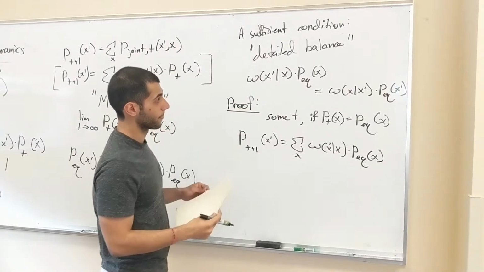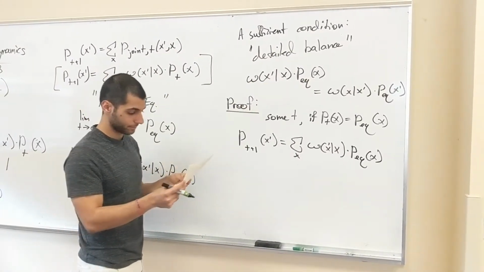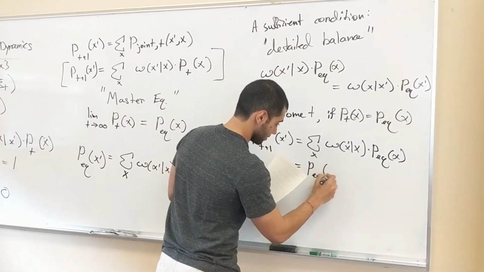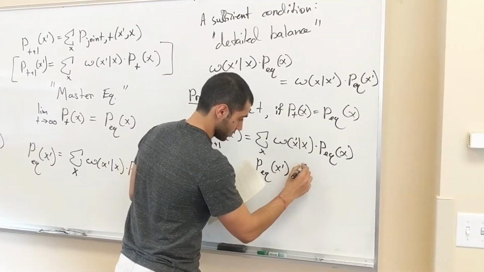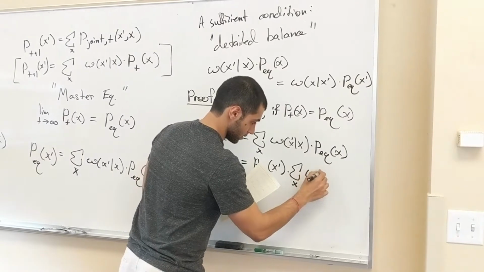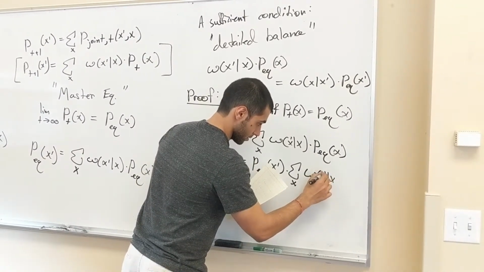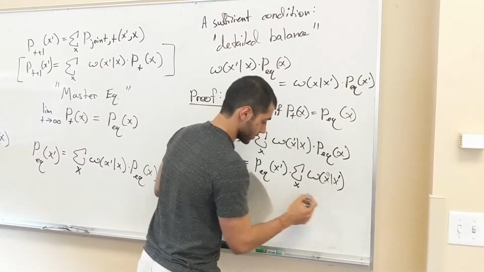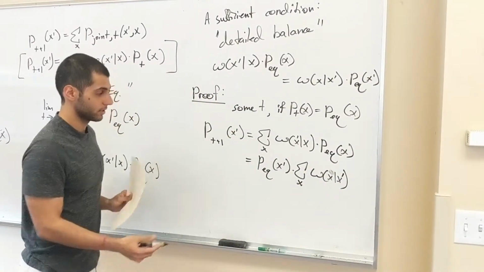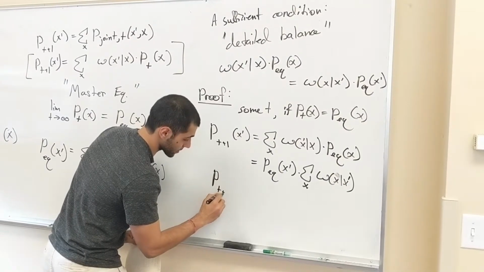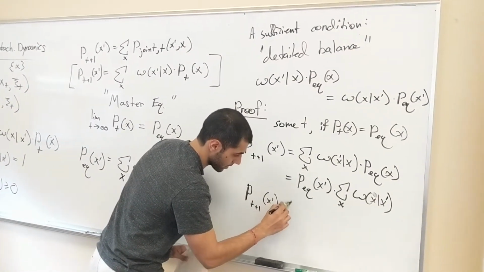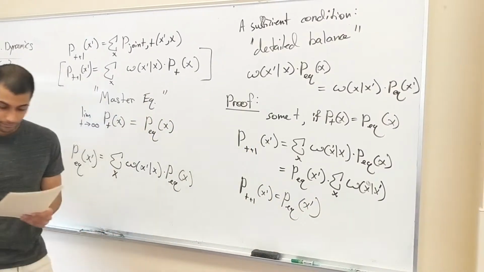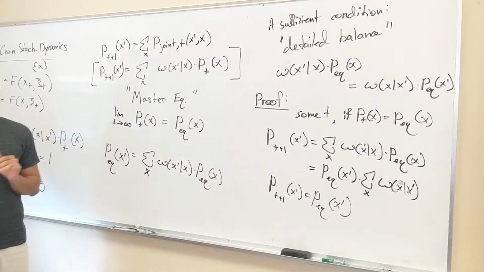Now, using our detailed balance condition, we see we could write this as this. Sum over x is over there. So this sum has to go to 1. So we just get to the fact that p t plus 1 of x prime equals the equilibrium distribution. So the master equation does have a stationary distribution.